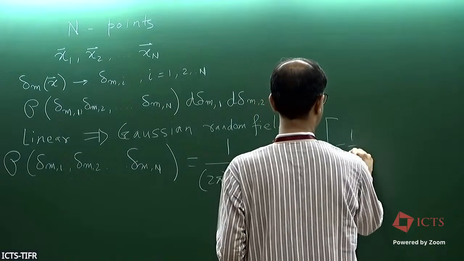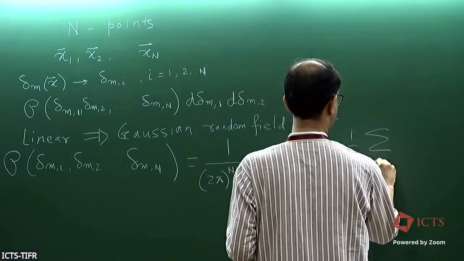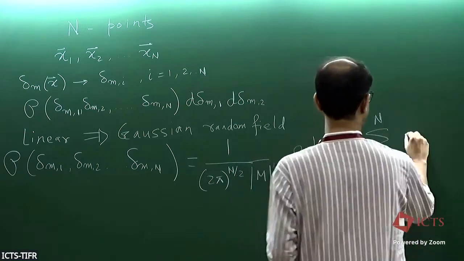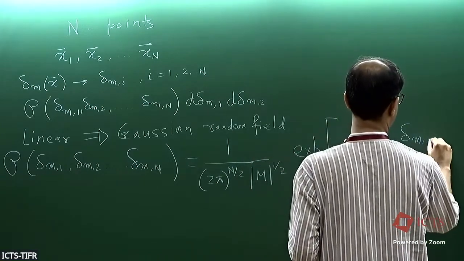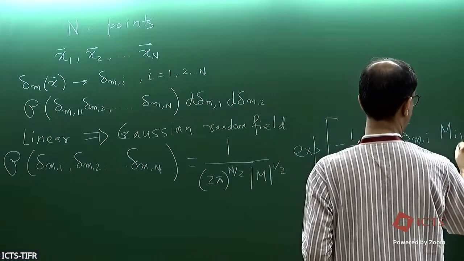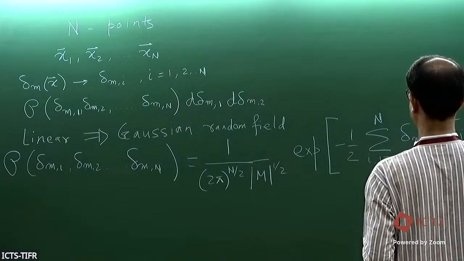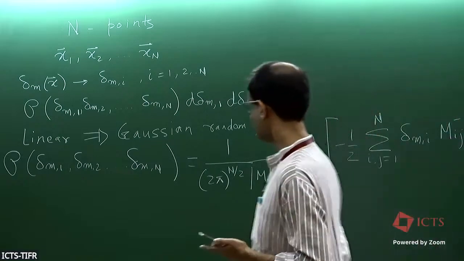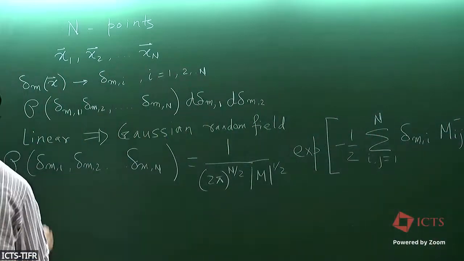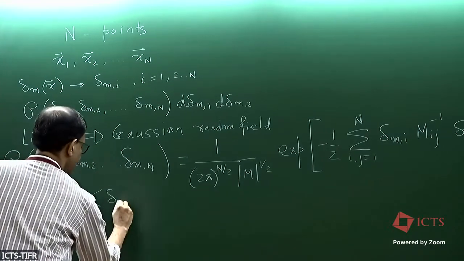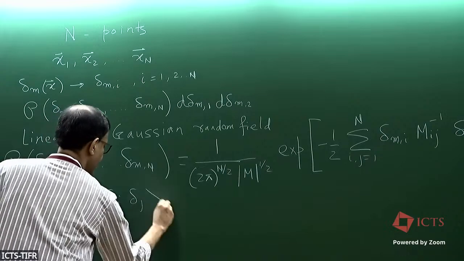Minus half sum over ij, both go from 1 to n, delta m at i, m_ij inverse, delta m at j, where m_ij is nothing but delta_i delta_j.